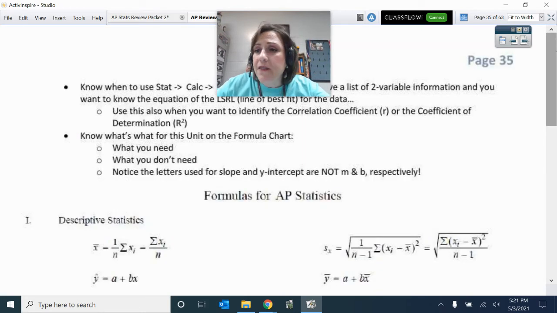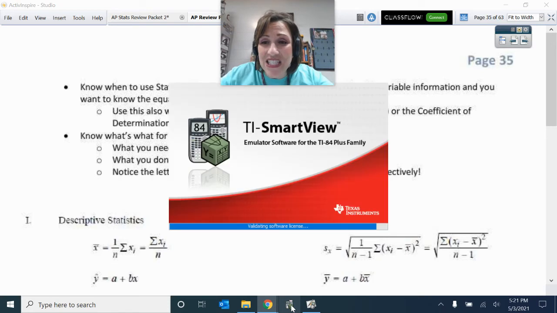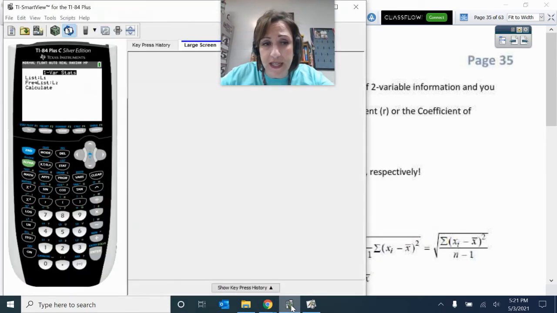Okay, then we knew that we were doing our stat calc linear regression to get the least squares regression line. Now, we saw this happen. What happens if the r and the r squared do not show up on your calculator? Then you need to go and turn the diagnostics on. You can do that in one of two places.